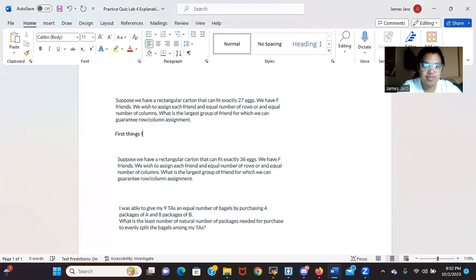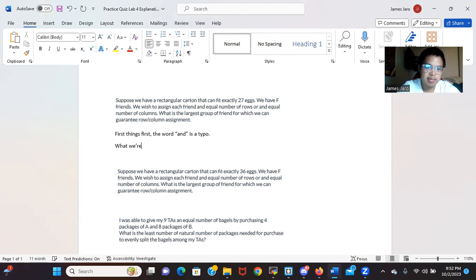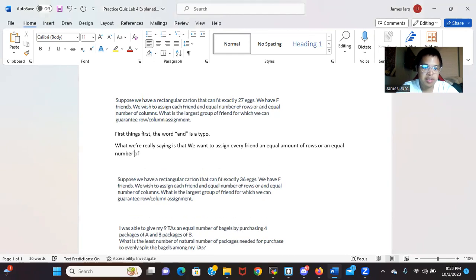So first things first, the word "and" is a typo. What we're really saying is that we want to assign every friend an equal amount of rows or an equal number of columns, and we have to figure out how many friends this allows.